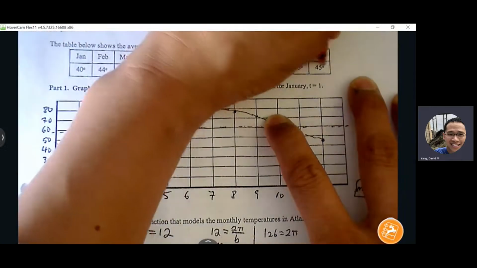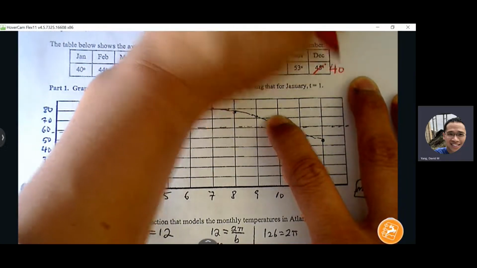Guys, for our purposes, let's make that December go down to 40, just to make it a little cleaner here.